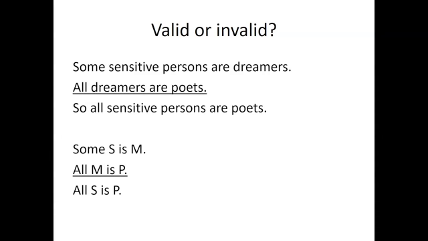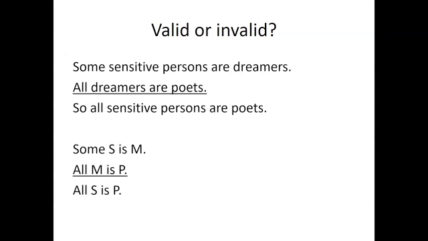The second rule was that if there's a negative premise, then the conclusion must be negative. And if the conclusion is negative, then at least one premise must be negative. But the premises are both affirmative and the conclusion is affirmative, so that passes that rule. The third rule, again, was that the middle term must be distributed at least once.